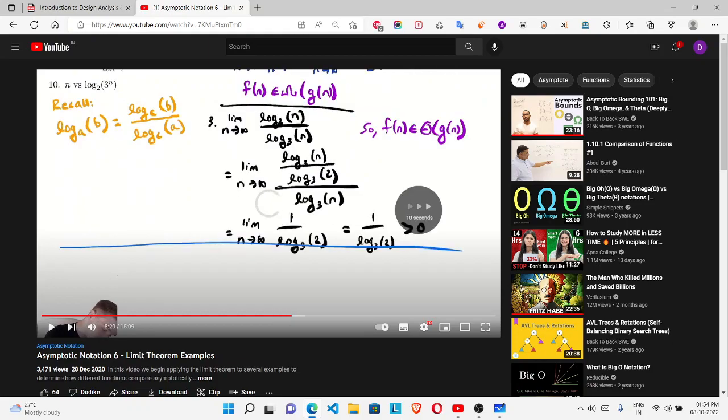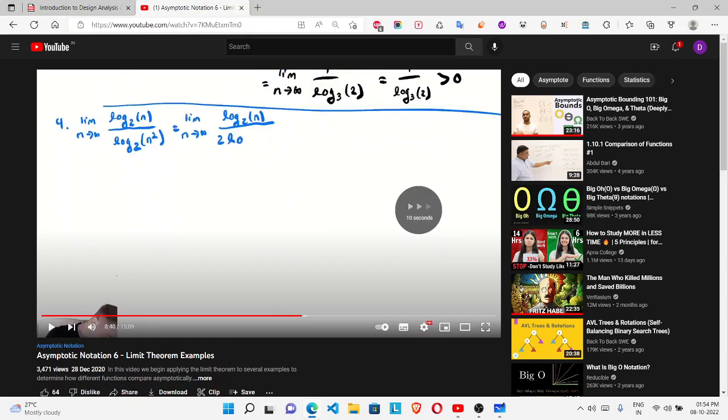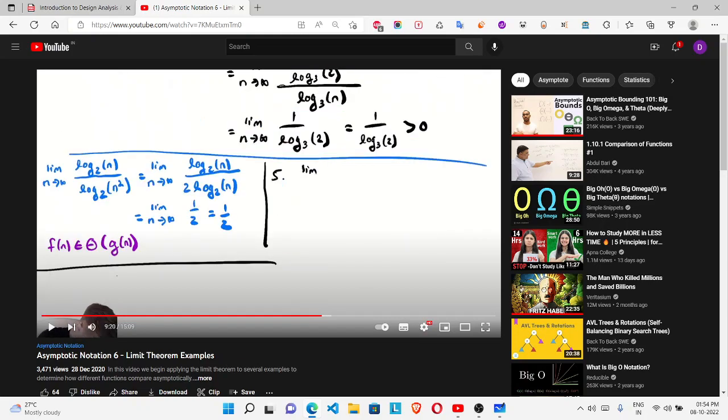Then the fourth one, I got 1 by infinity, which is 0, which is big O. Or yes, you write small. Alright. Sorry guys, I made a mistake here because I don't know about logs. I missed that log of n square will be 2 log n, which will be 1 by 2, which is a constant.